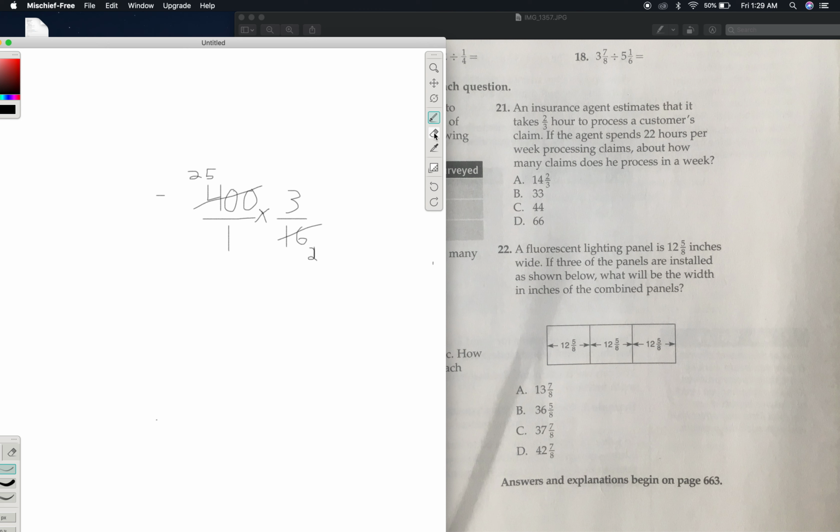But 16 does go in evenly, so that simplifies things again for us.